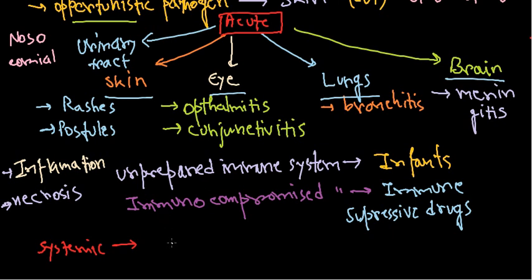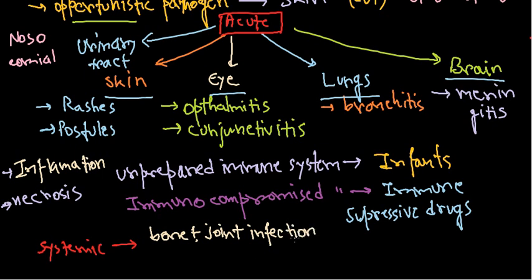Now in this case, secondary pneumonia can be there, and then the microorganism spreads from one place to another, and finally when they reach the bone and joint, bone and joint infection can be there.